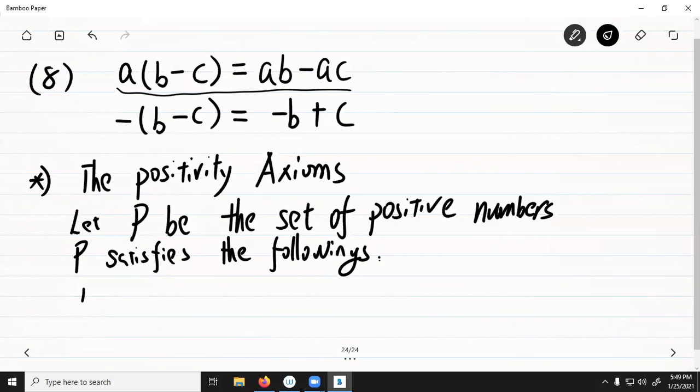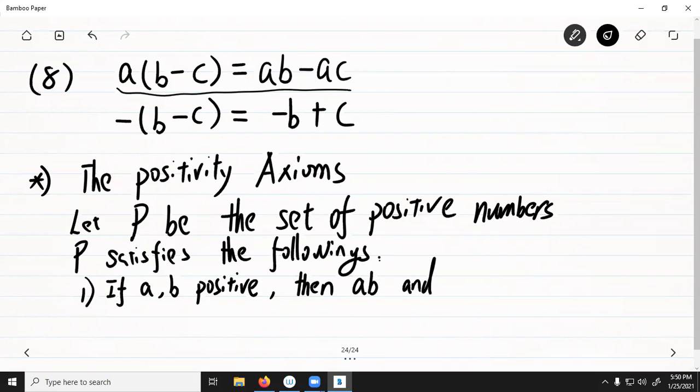The first one says if A and B are positive numbers, then A times B and A plus B are also positive. So this result we will not prove because this is a part of the axiom. We will just accept this result.